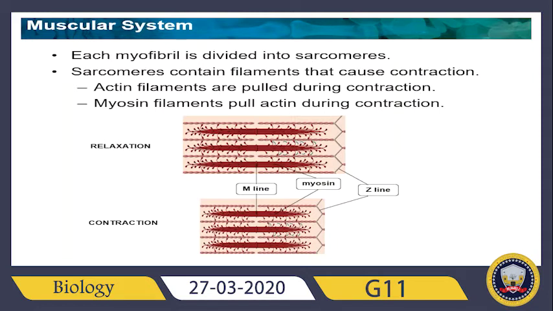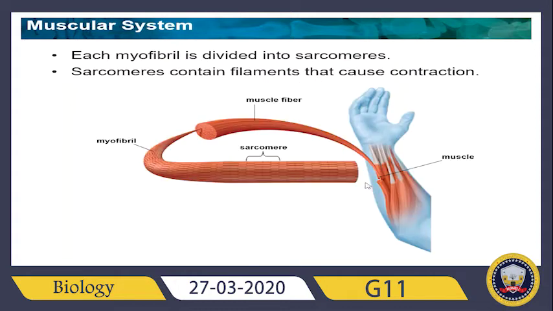So we have the M line and the Z line. Okay, let's take two steps back. This is the Z line, and inside here the M line. This is the center M line. The sides here are the Z line.